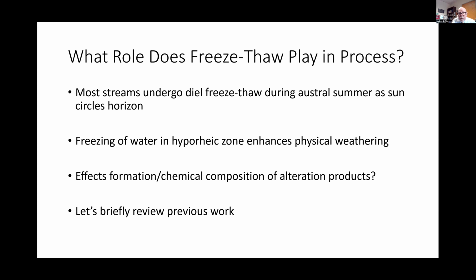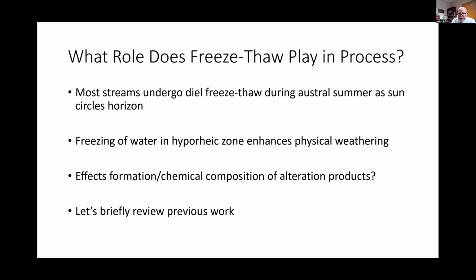And we know, or we think we know, that this freezing water in the hyporheic zone enhances physical weathering, the breaking apart of minerals. But the question we wanted to ask is, what effect, if any, does this freeze-thaw have on the chemical composition, not of the water itself, but of the alteration products of weathering?